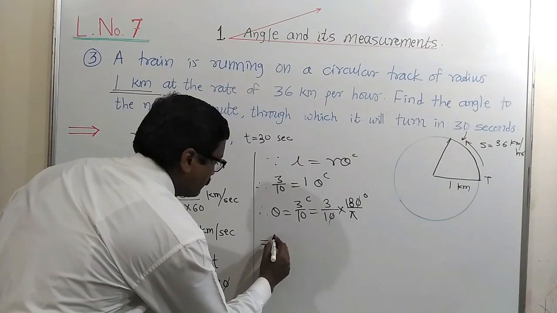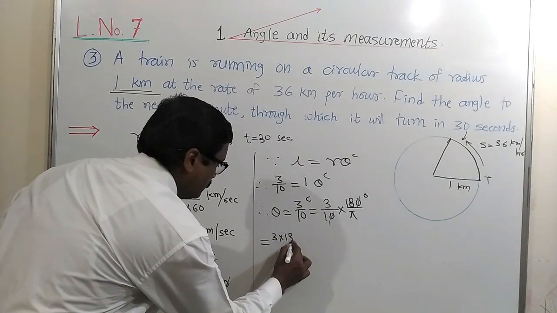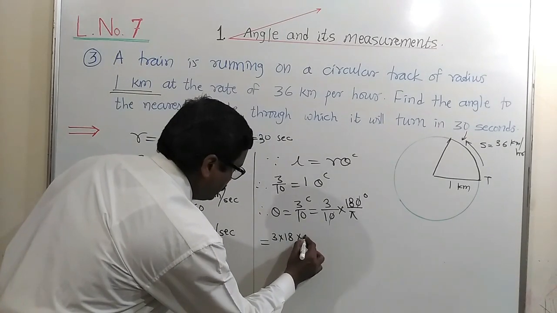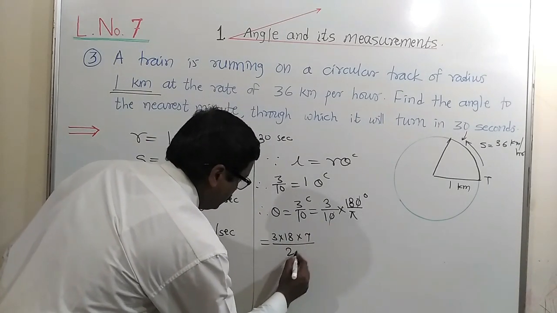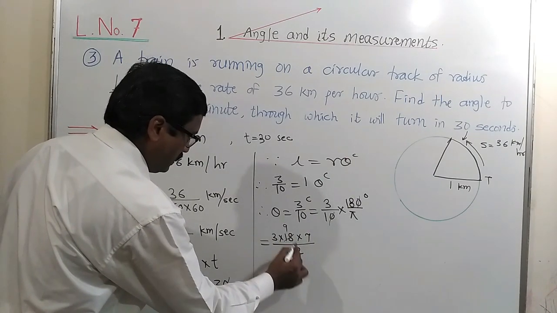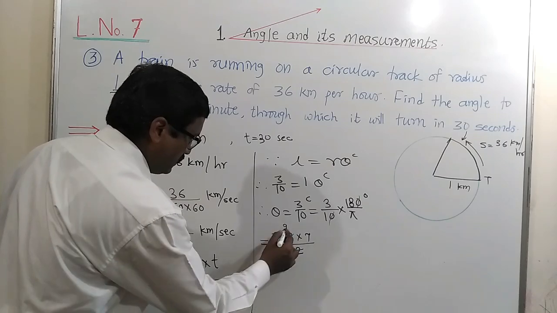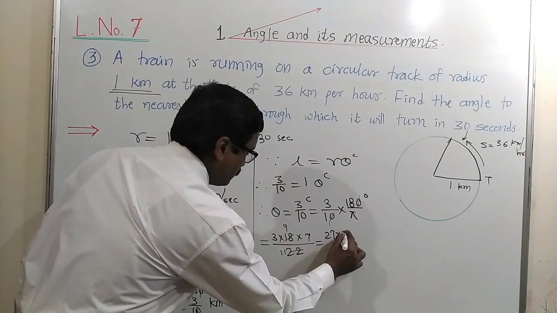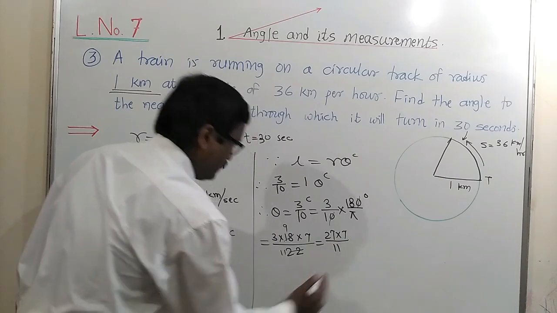So this will be 3 into 18 and the value of pi is 22 by 7. So it will be 7 upon 22. So cancelling here again 2, 9, 11. We get 27 into 7 upon 11.